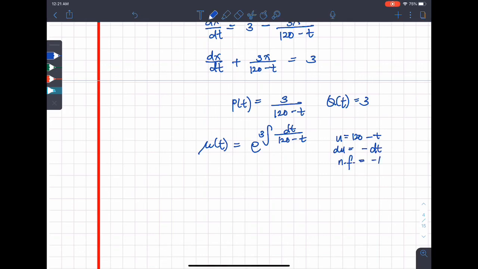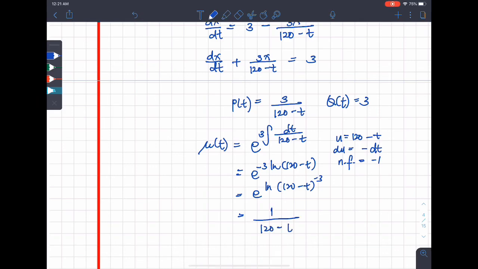Thus, we have e raised to negative 3 ln of (120 minus t), or simply e raised to ln of (120 minus t) to the power negative 3, or 1 over (120 minus t) raised to 3. So that is our mu(t).